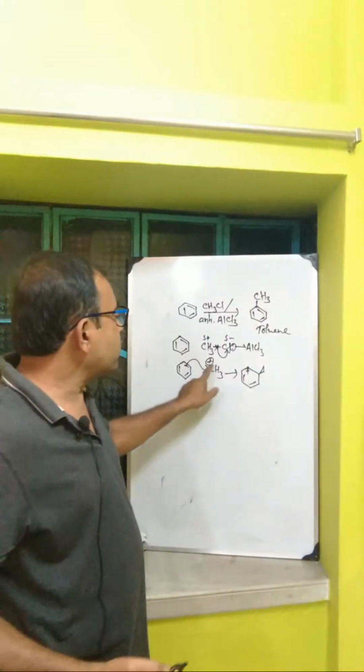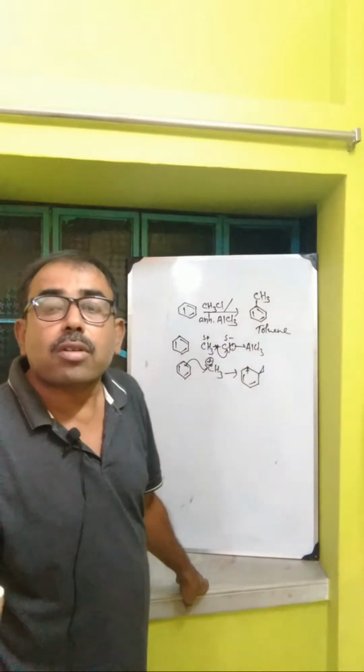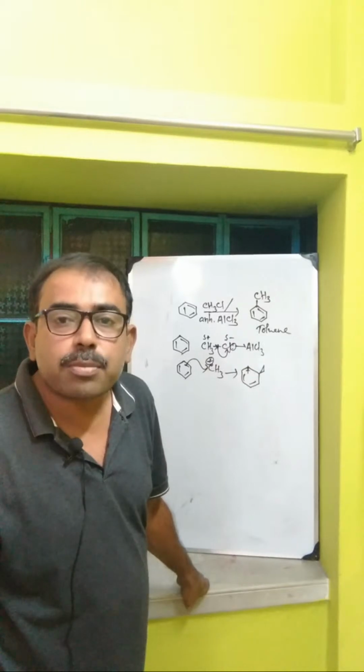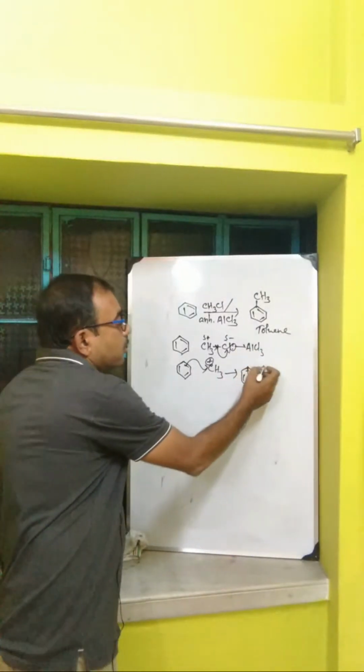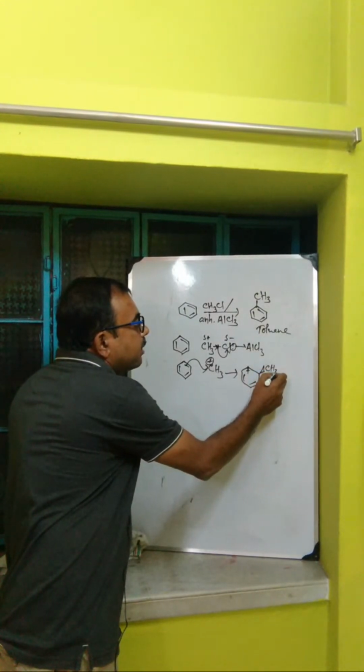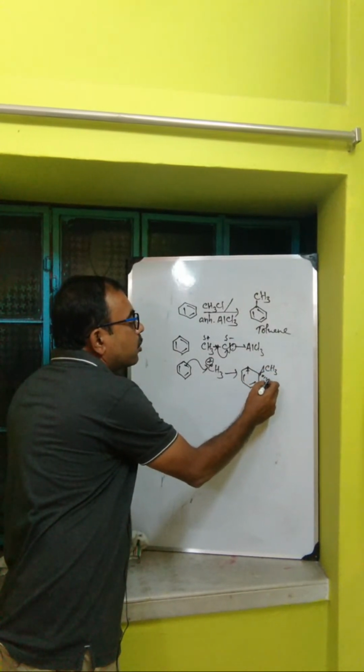Hydrogen and CH3 cannot lie in the same plane, as steric hindrance may occur. To avoid that steric hindrance, one goes above the plane, and the other, the hydrogen atom, goes below the plane.